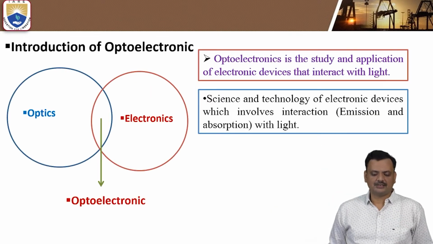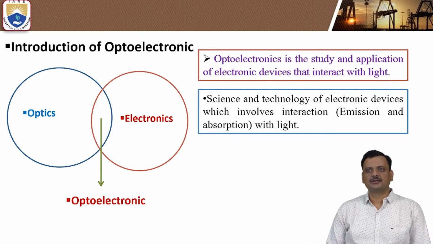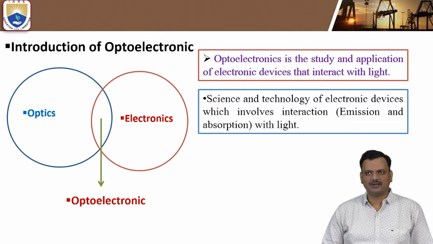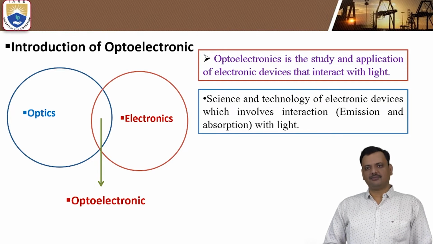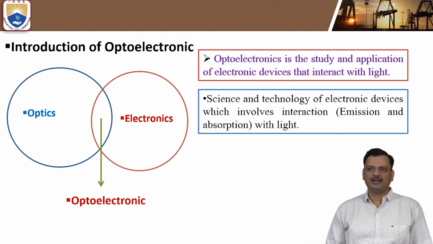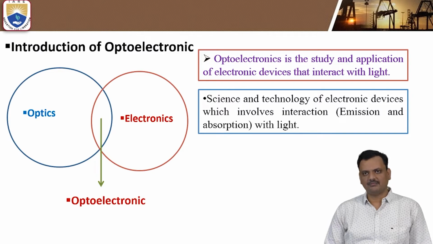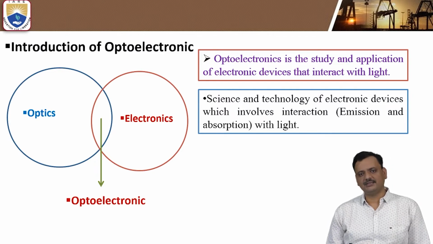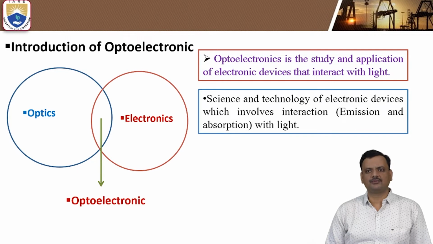First, what is optoelectronics? Optoelectronics is the study and application of electronic devices that interact with light. Means, when light interacts with any kind of material and this interaction is useful for a device application, then that type of device application comes under optoelectronics.